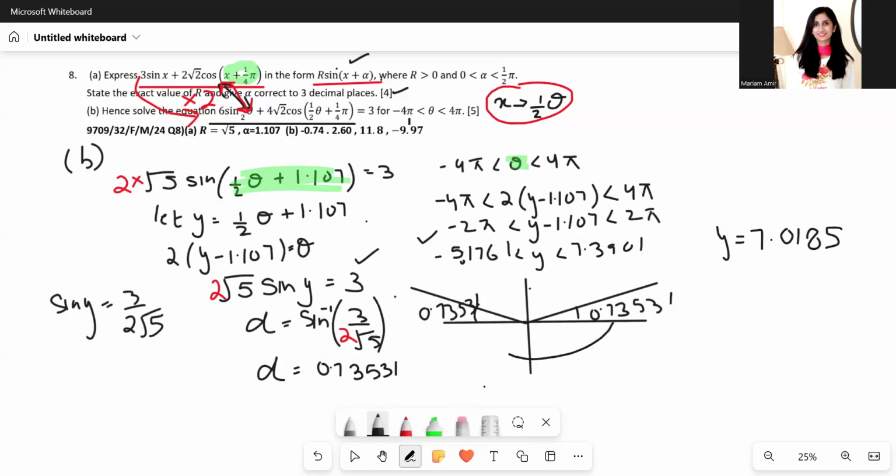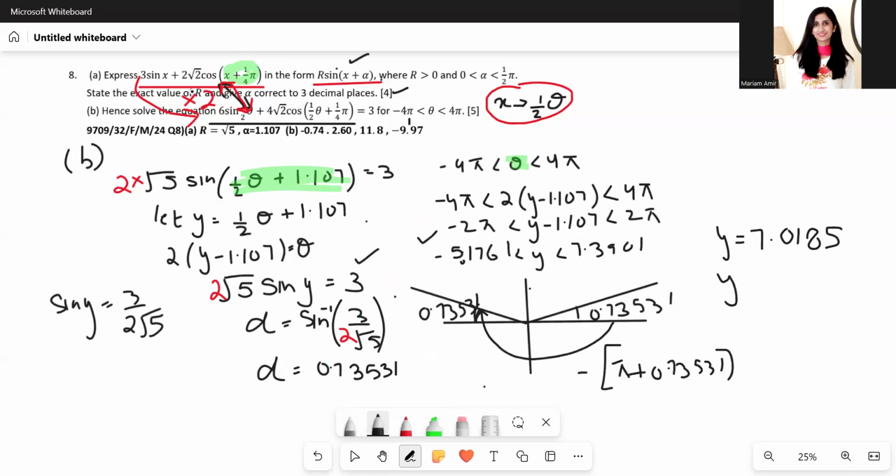So I'll try the negative angle in this direction. This will be pi plus 0.73531. No, that would be negative 3.8. That is in the domain actually. So we'll do negative pi plus 0.73531.